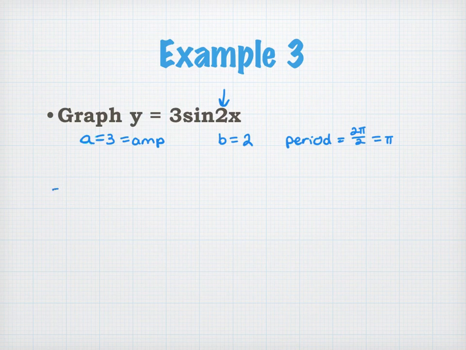Now I'm going to multiply pi times 1/4, times 1/2 and 3/4, and I get pi over 4, pi over 2, 3 pi over 4. I start at 0, I end at pi, which is the period.